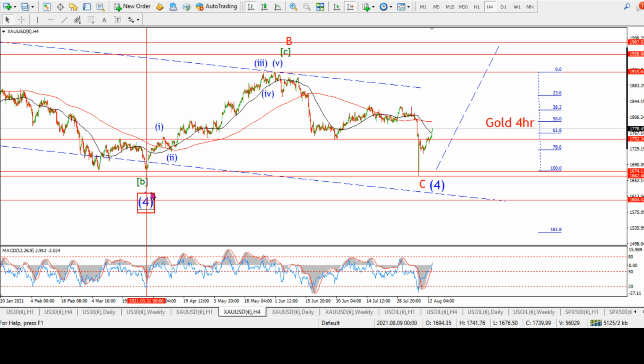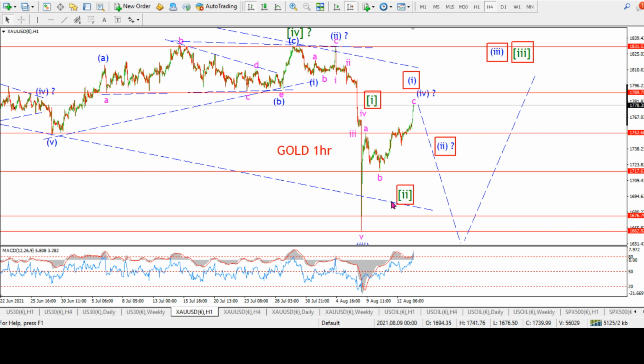That count there is not valid. There is a way of viewing this where we get one more drop, so I'm cautious still, even though we have a nice impulsive rally. Okay, so here you can see the main count showing 5 waves down in wave 5 in green.